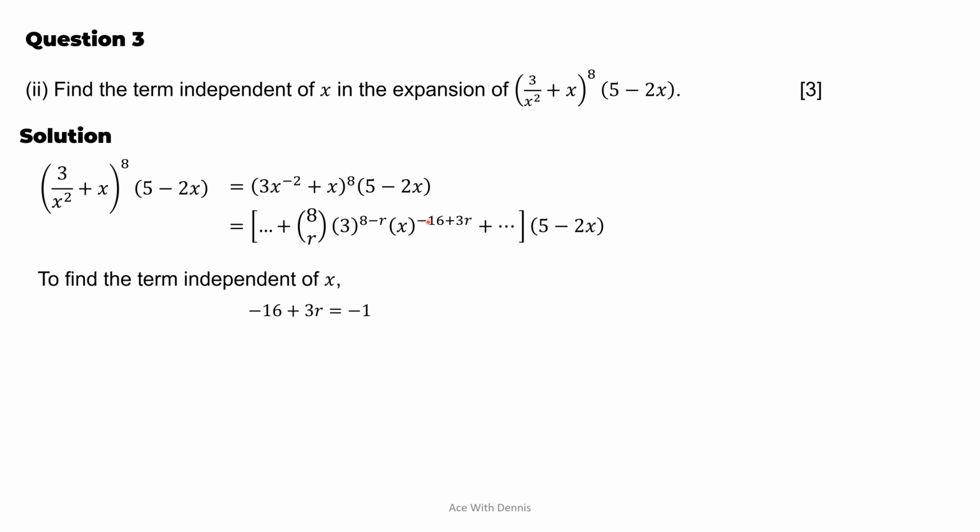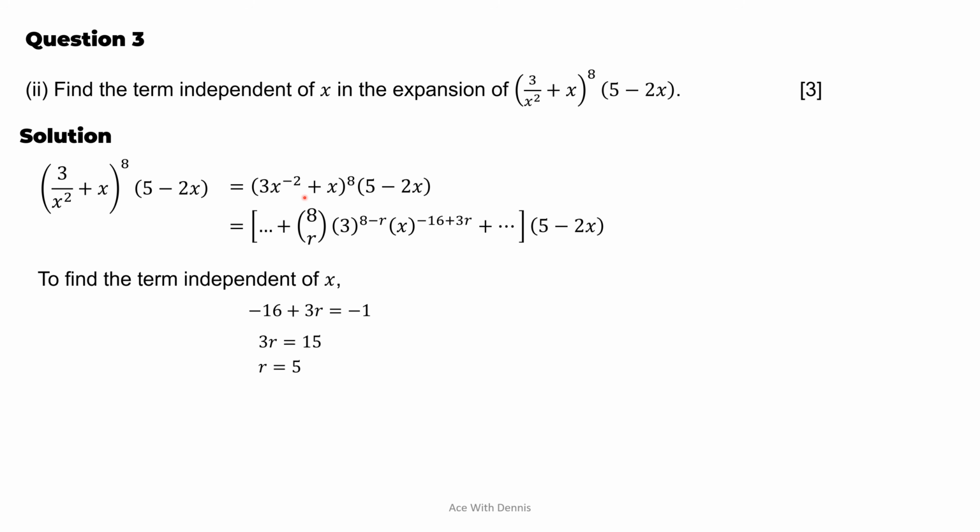Since we multiply by 2x, which is x power 1, the power of the x here must be negative 1 so that the x can cancel out. Then from here we can solve this equation. We get 3r equals 15 and r is 5.